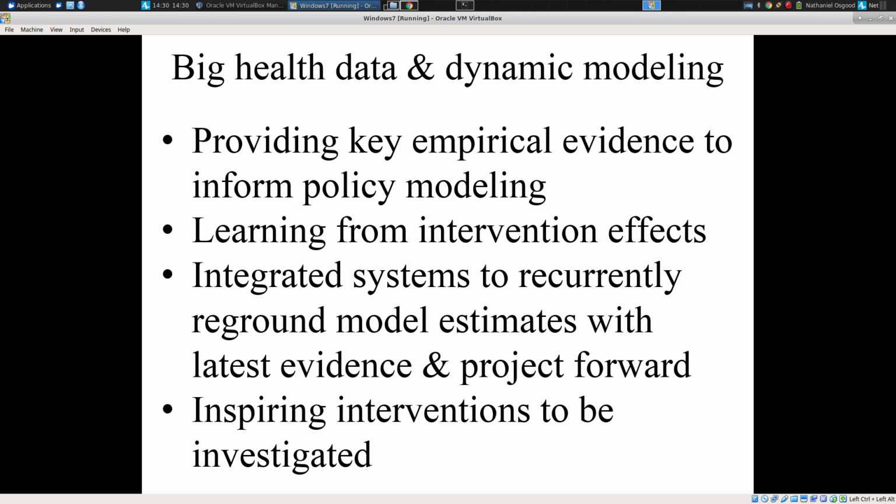We can also use both tools jointly to learn quicker from intervention effects. Using machine learning tools, I referred to it earlier, we can reground the model in data and keep it current and in line with the latest evidence, and can use it to inspire interventions.